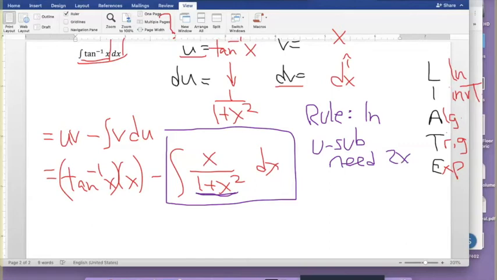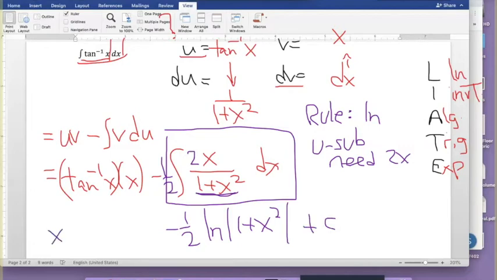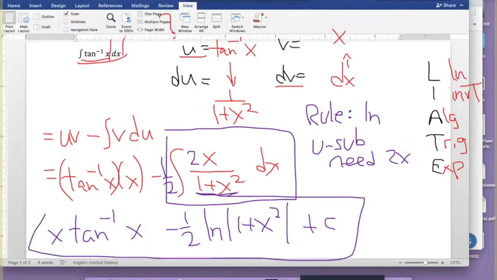So what I do is I'm going to put a 2 in. I'm going to pay for it. I'm going to balance it with a 1/2. So in essence, I've multiplied the whole thing by 1. And what I end up with is minus 1/2 the ln of 1 plus x squared plus c. And I forgot the first part. We've got the x times the tangent inverse of x. And that is your integral.